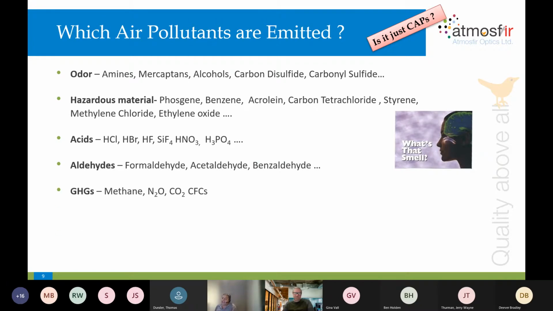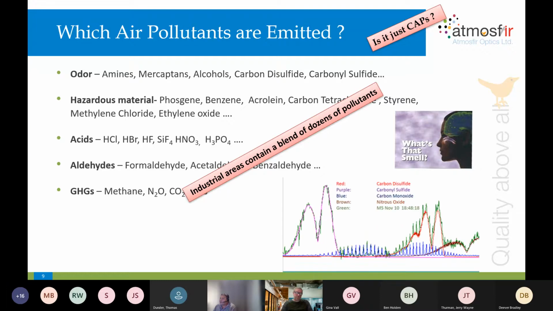And with the new administration in the United States and with global warming, everybody now talks about greenhouse gases, and our technology, the IR technology, FTIR, is the best for methane and those gases like nitrous oxide, CO2, and CFCs. So we understand that an industrial area contains a blend of dozens of pollutants, and if we are measuring just one, it doesn't mean that we don't smell the others or we don't breathe them.